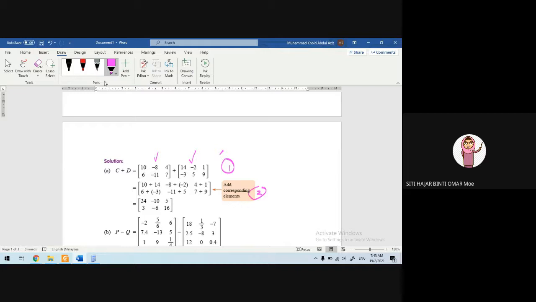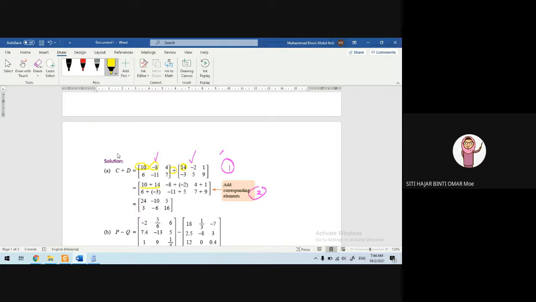Now, the corresponding element for 10. 10 corresponds to 14. So we write down at the first row and first column 10 plus 14, because the operation now is plus. Then we go to the second element at the first row and second column, negative 8.